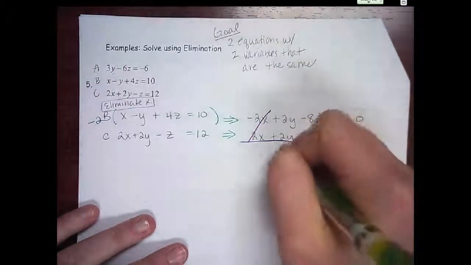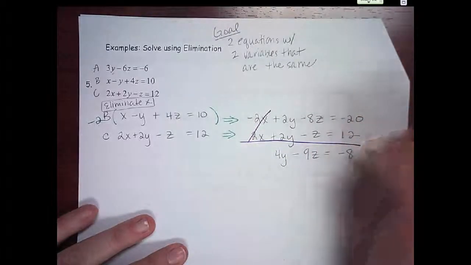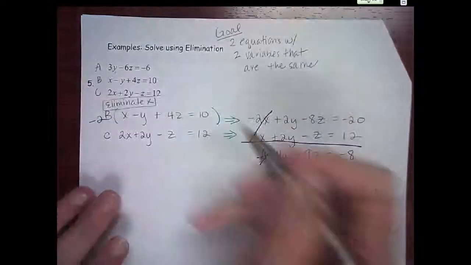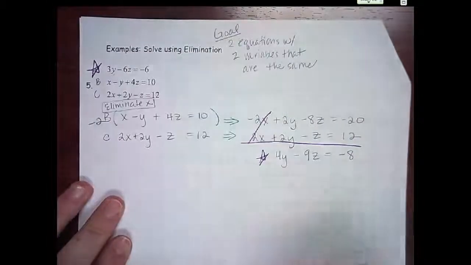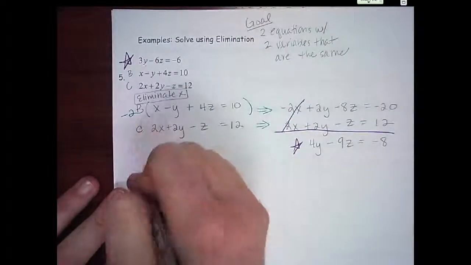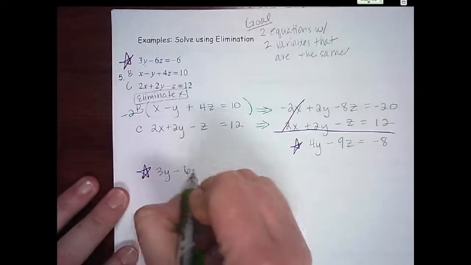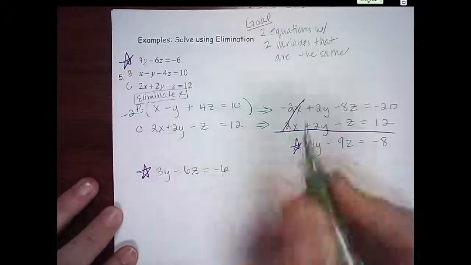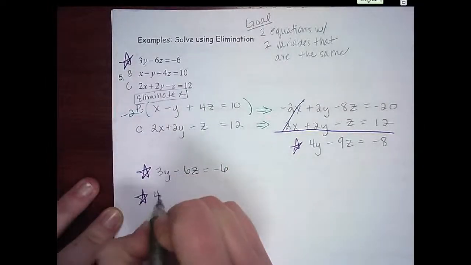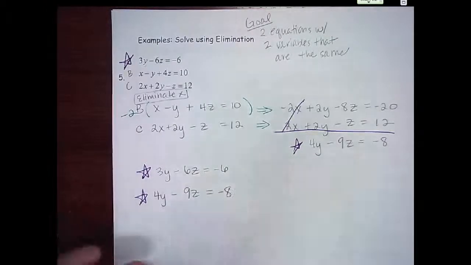I get 4y minus 9z equals negative 8. Okay, I'm going to take this equation right here and this equation right here, and now I have y's and z's, and that was my goal. So I have 3y minus 6z equals negative 6. And my second equation, 4y minus 9z equals negative 8.